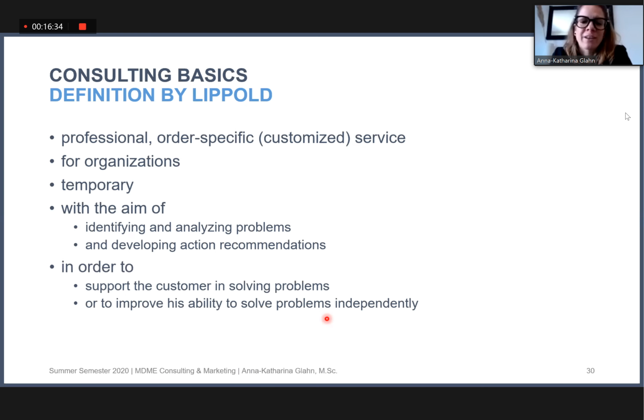But frankly spoken, not every consultant or consulting company really aims at this, because of course they want to sell, they want to do some upselling in the future. They want to find a place in the customer's company, how can I say this? You probably already understand what I want to say.